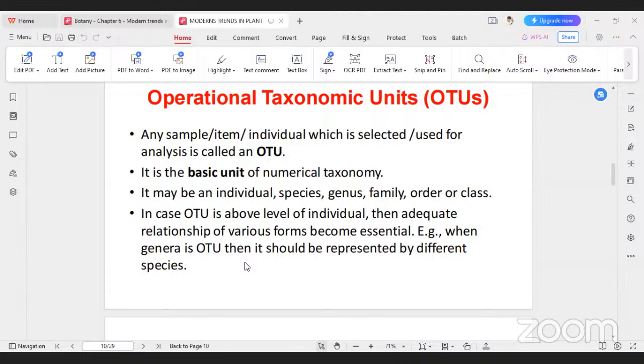Here the selected genus, for example, is Senna: Senna auriculata, Senna fistula, Senna alata, Senna roxburghii.